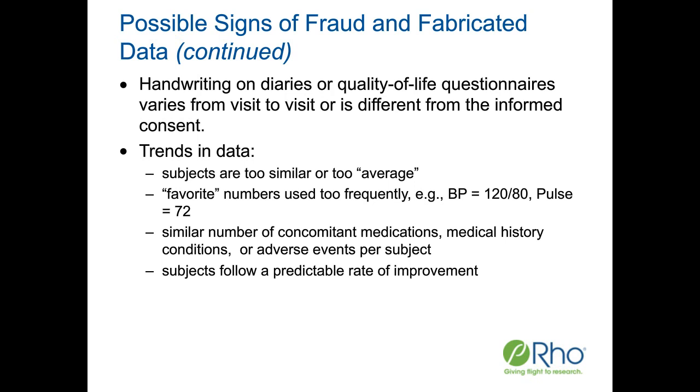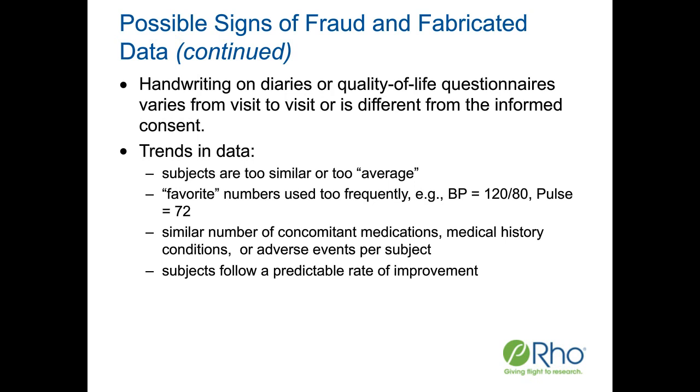Sometimes there might be subjects at a site who are too similar or too average, or we see favorite numbers used too frequently, such as a blood pressure of 120/80 or a standard pulse of 72. Maybe we see these the same across visit to visit, knowing that they would not be identical at every visit, but would have some variance. Or maybe we would see that it's always only even numbers.